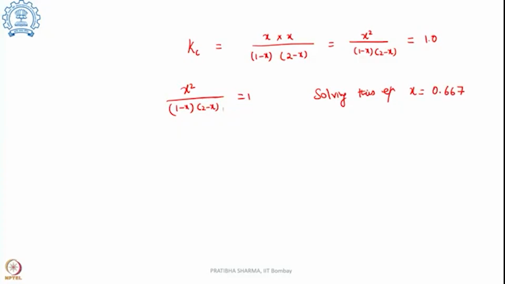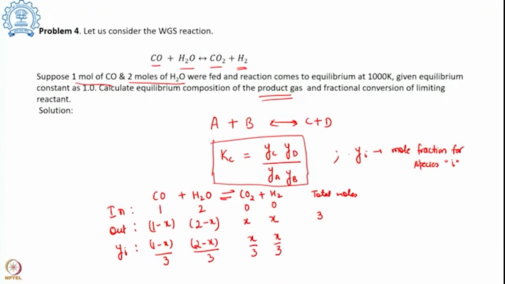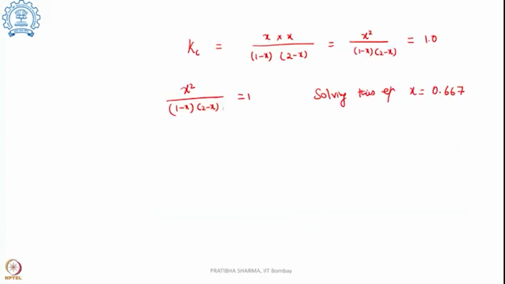Now, if we use this value of 0.667 in the table that we have made, we can get the values of the CO, H2O, CO2 and H2 on the output side. So, if we substitute that and find out the mole fraction, let us say for CO, it is 1 minus 0.667 upon 3.